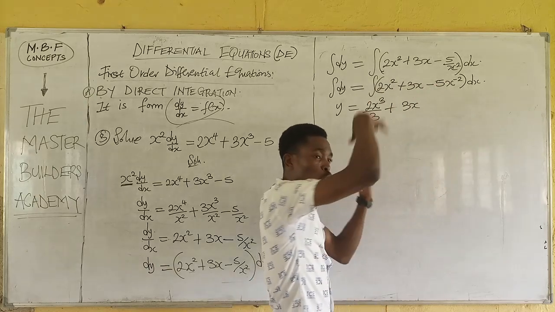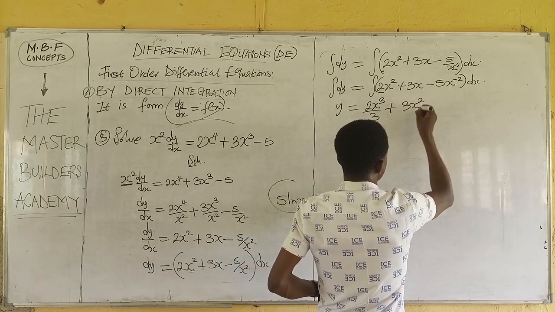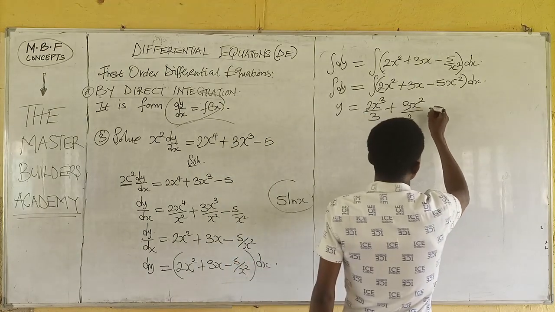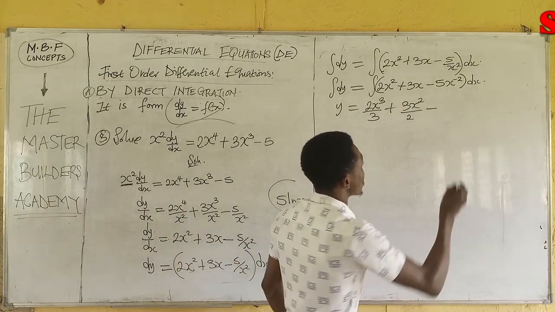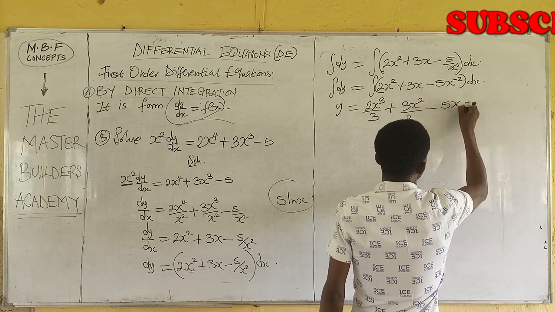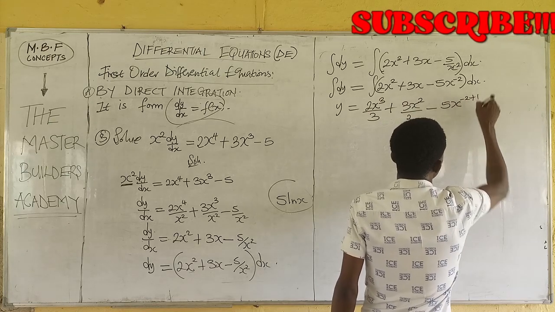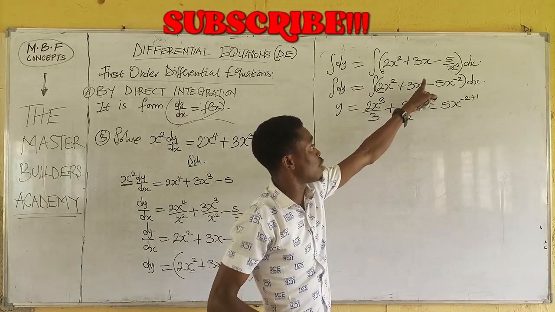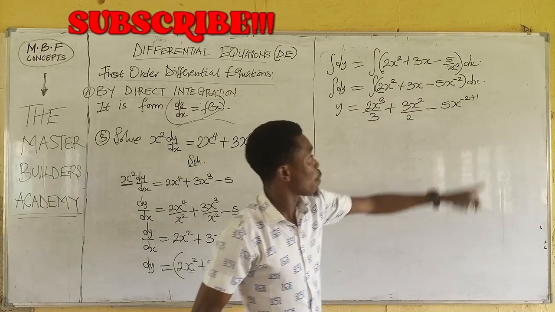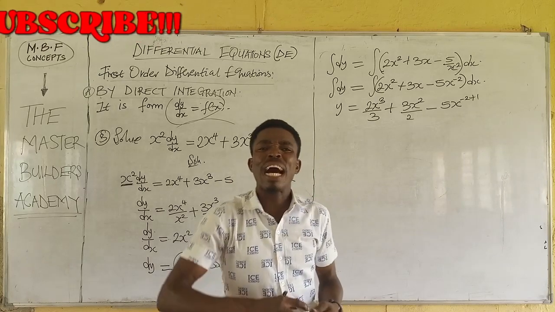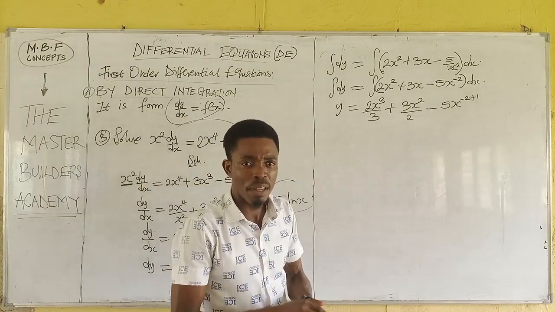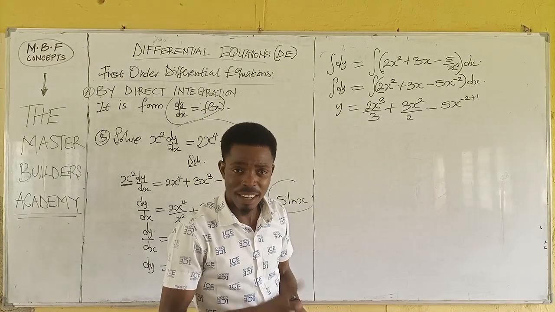When we add 1 to 1, it becomes 2, so we divide everything by 2 again. Then minus 5x to the power minus 2 plus 1. Minus 2 plus 1, guys, gives minus 1, right?